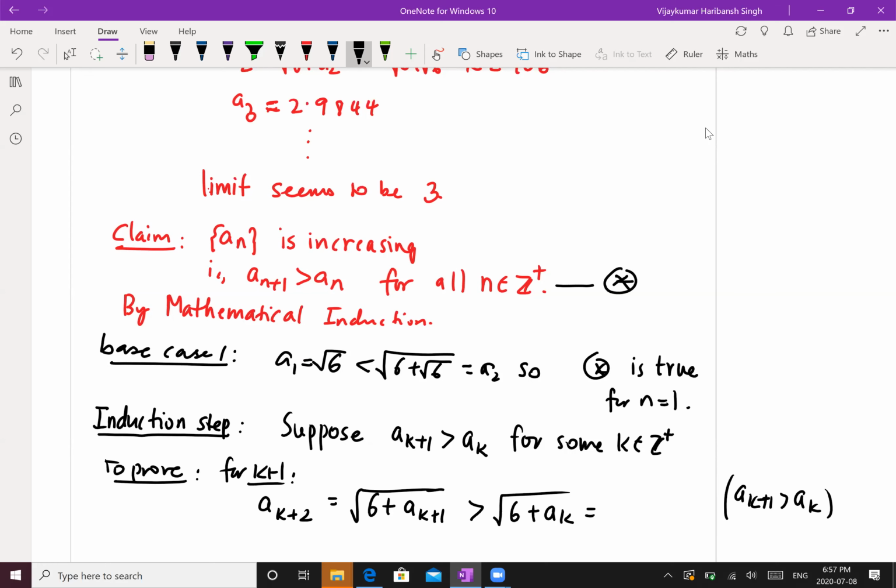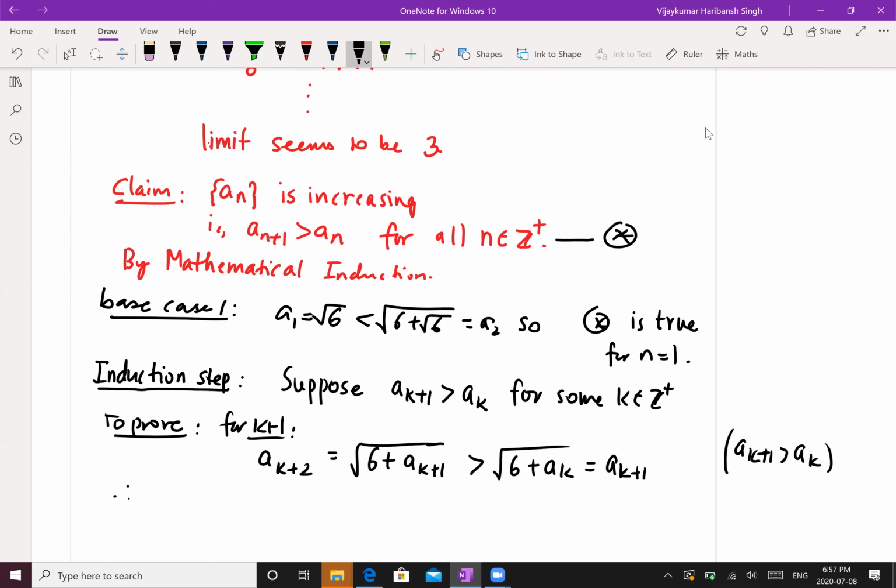Now this is going to be your a_{k+1}, right? So this is true for k plus 1. This means star is true for k plus 1.